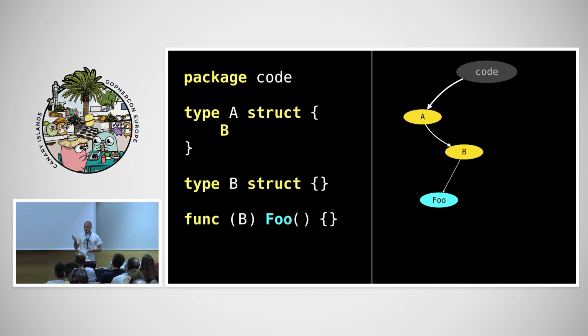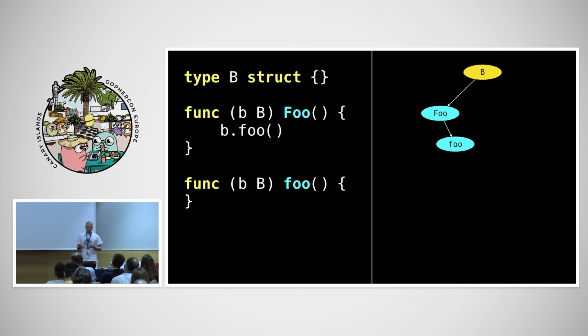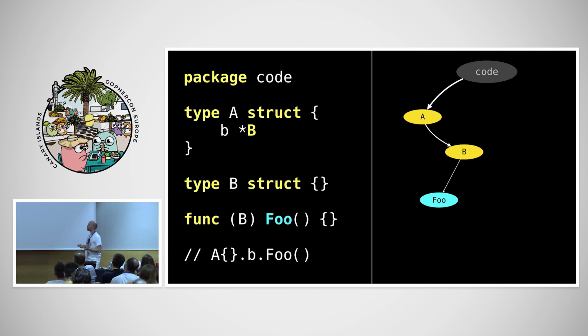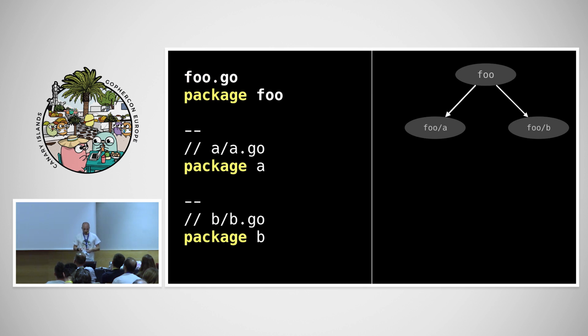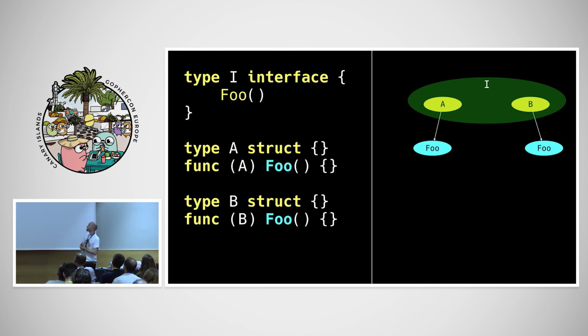The same goes with methods. The same goes with types. So for example, here, I don't care if it's a pointer or not a pointer, it still belongs to the same package. So this kind of resolving. Interfaces are interesting because in Go, you do not create an interface before you have a concrete type.